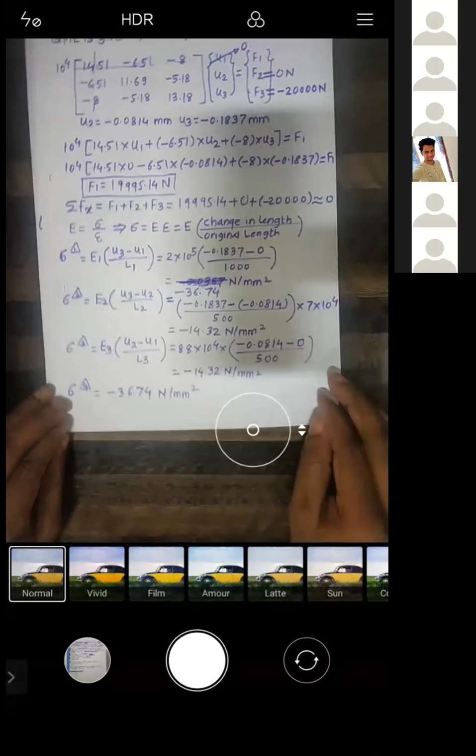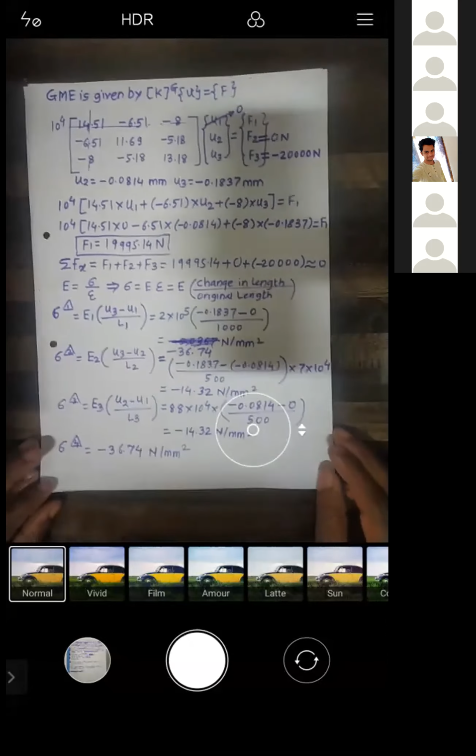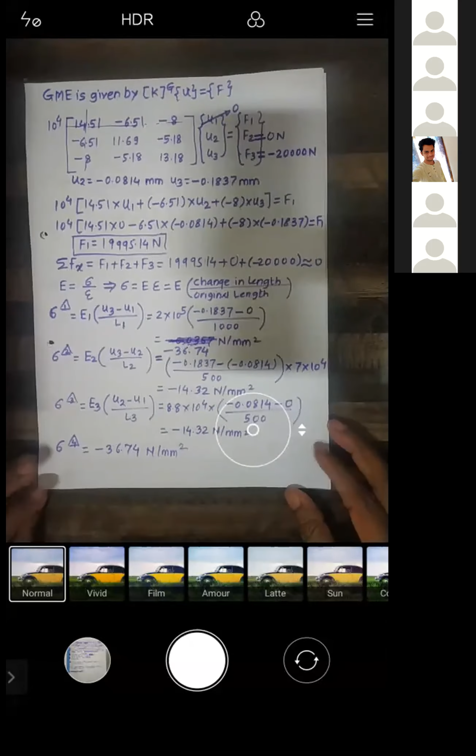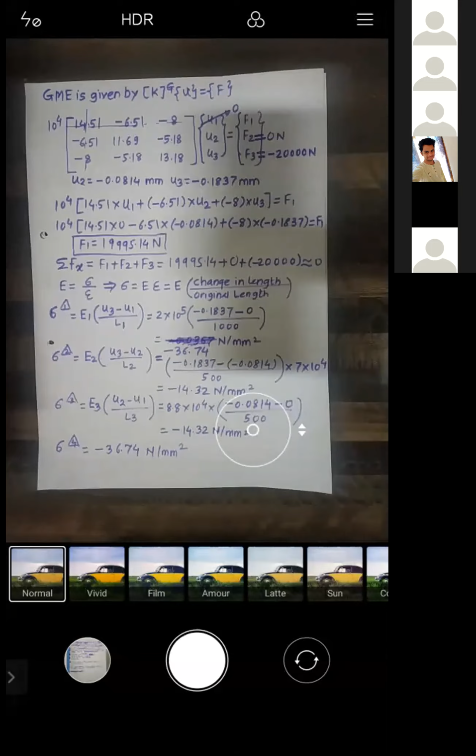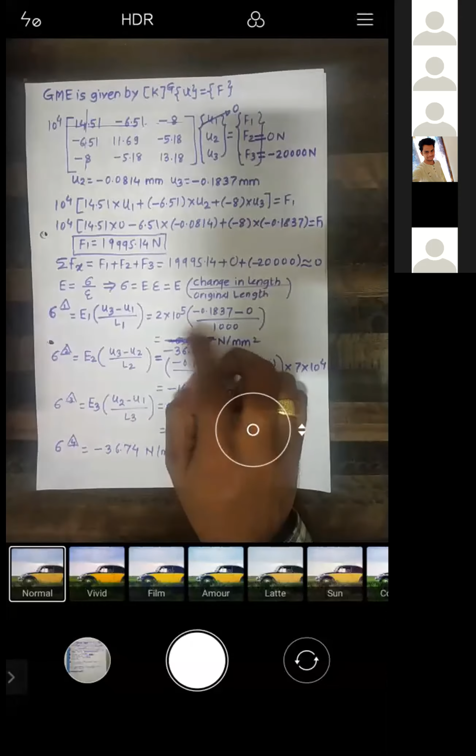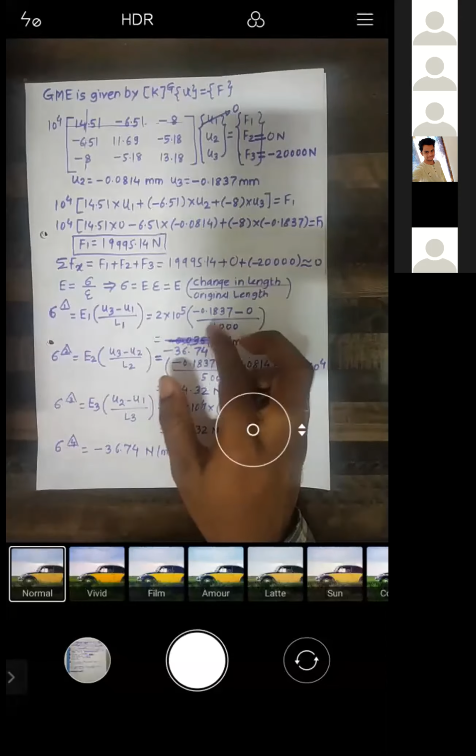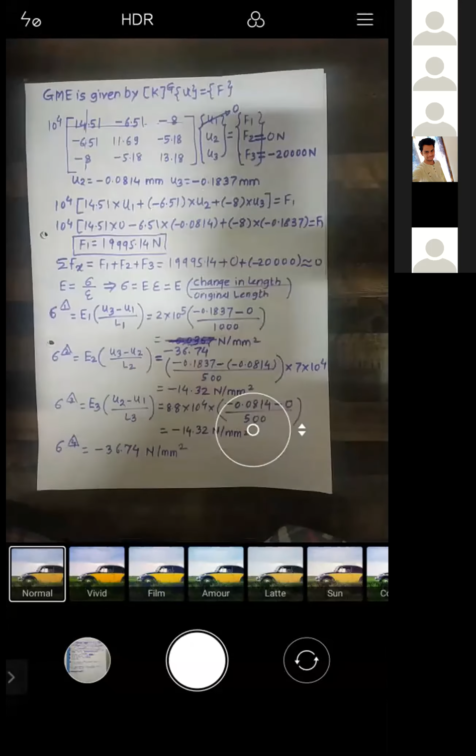Has everybody understood? Have you understood this numerical? What I expect from you is that you should do the calculation very correctly, so that our answers do not vary. This is the last stage where, if you do an incorrect calculation, it doesn't vary the answer much.